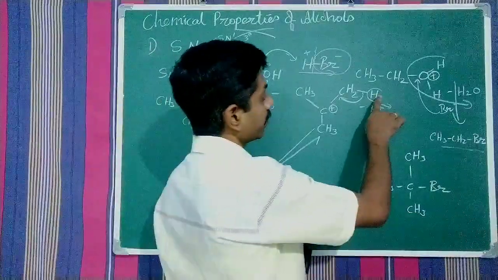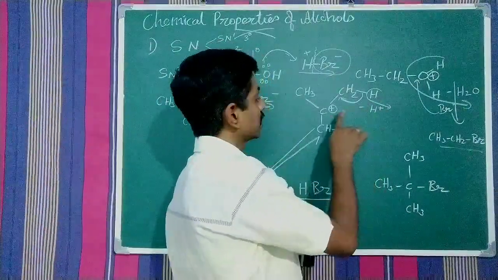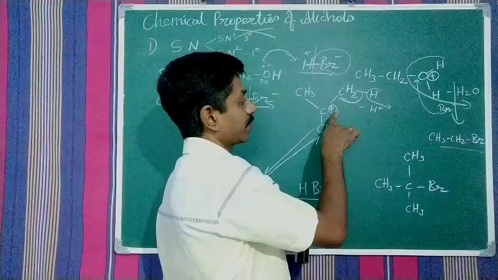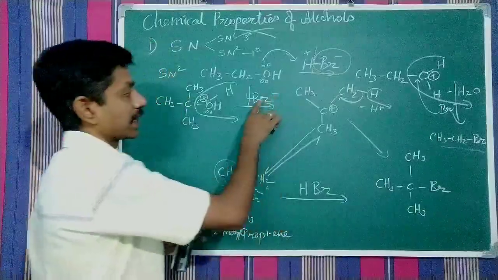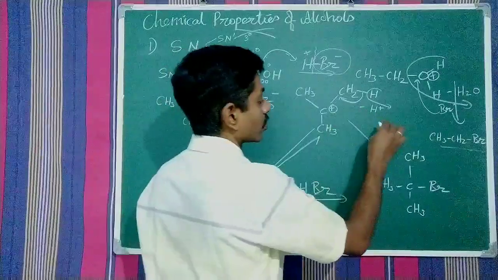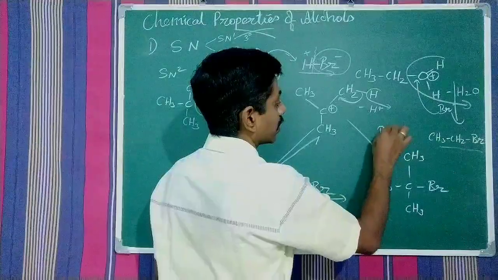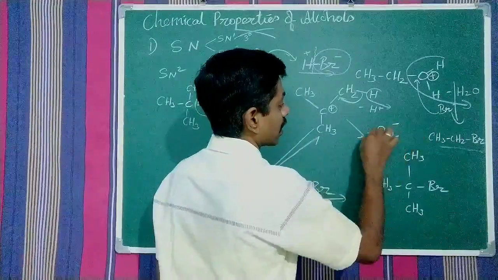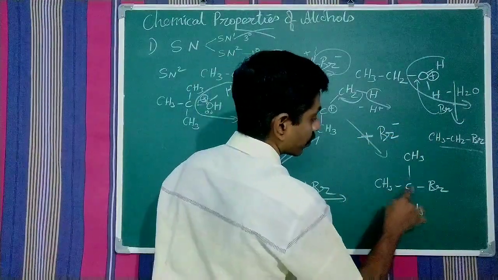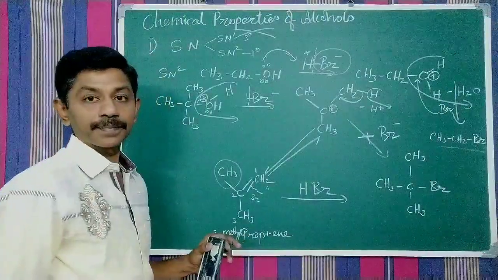The same thing will happen in this place also. Since the carbocation is available, the Br minus ion can easily go and join, thereby addition of this Br minus. So we'll give you this tertiary butyl bromide.